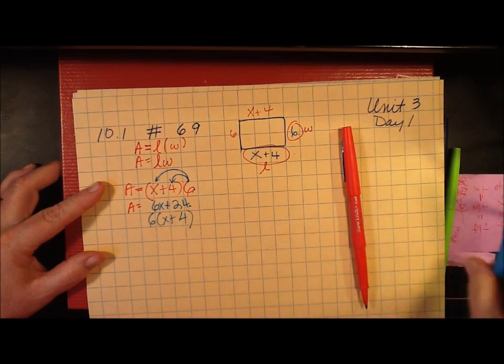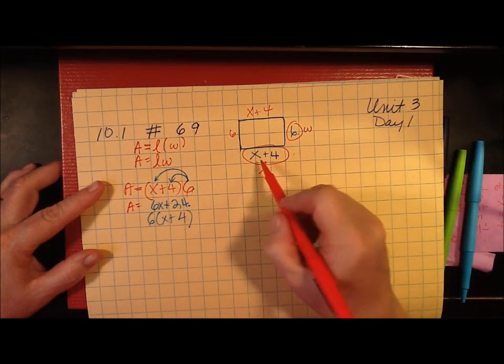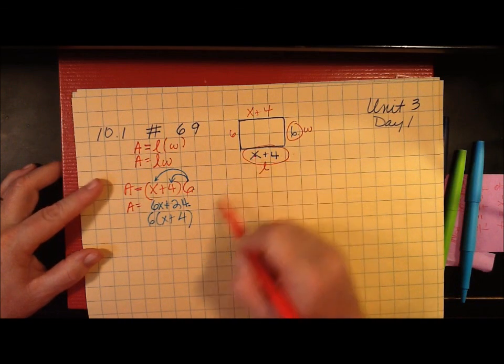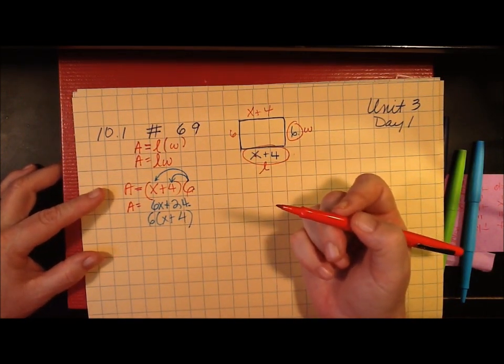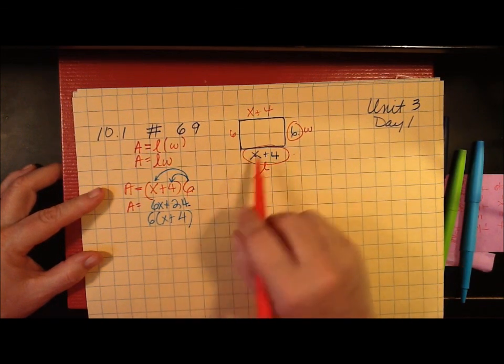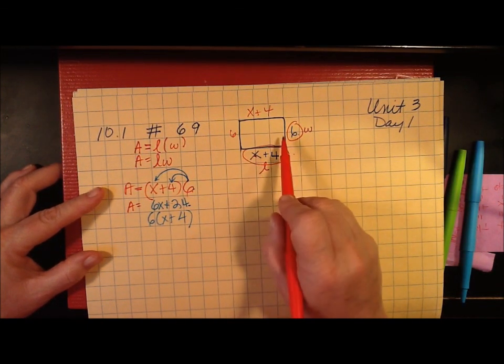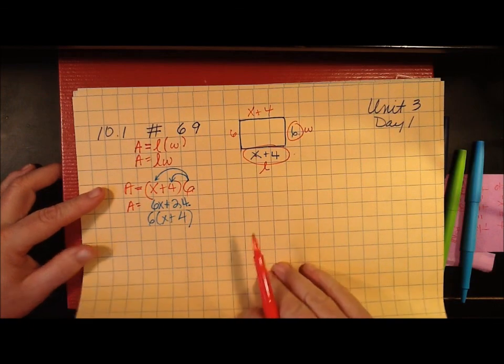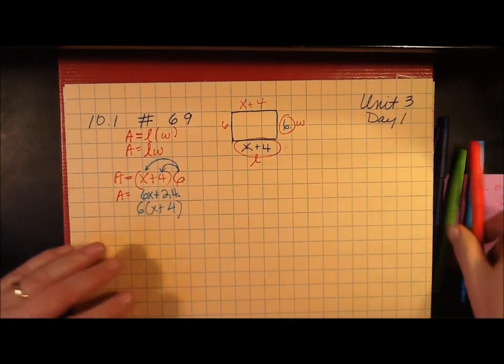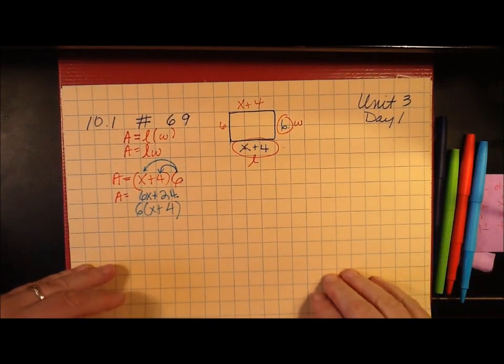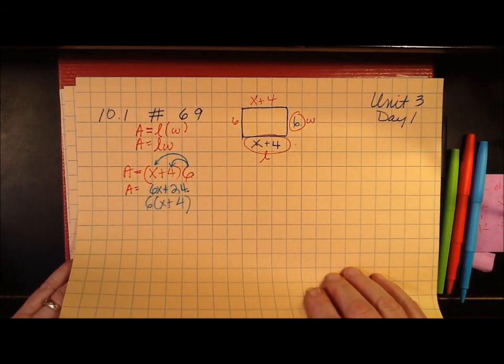So those are equivalent. And again, because I do not know what x is, I can't tell you what the actual area is at this point. But you can see that as this gets bigger, the area would get bigger. They have a constant relationship. And that is the end of the problems for 10.1, Day 1, Unit 3.